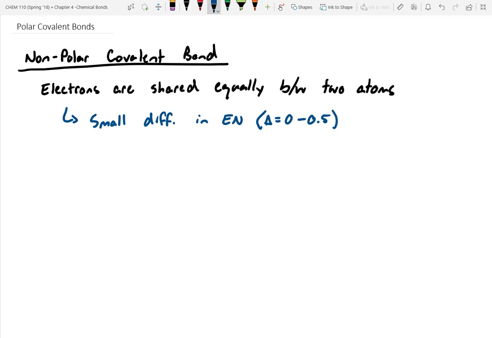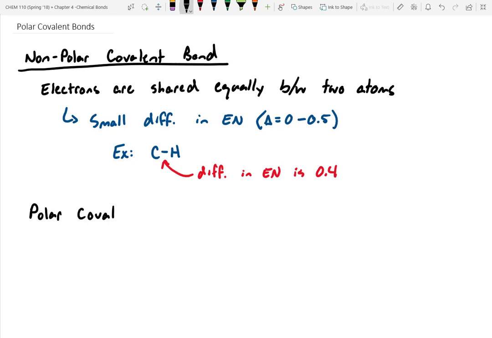In general, a good example for a nonpolar bond would be something like a carbon-hydrogen bond, where the difference in electronegativity is about 0.4. So really, they're sharing those electrons in that bond relatively evenly between those two atoms. One's not hogging it more than the other. This is different than a polar covalent bond, where you can imagine in a polar covalent bond, electrons are not shared equally.